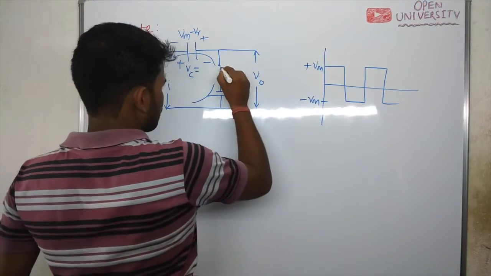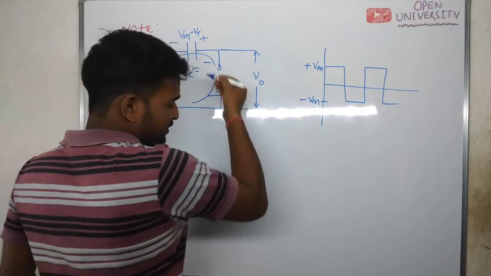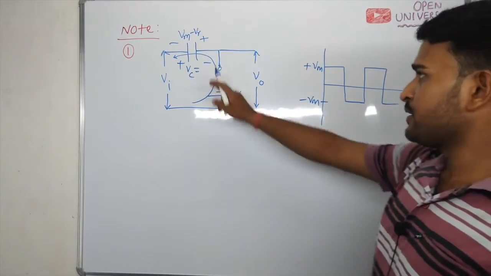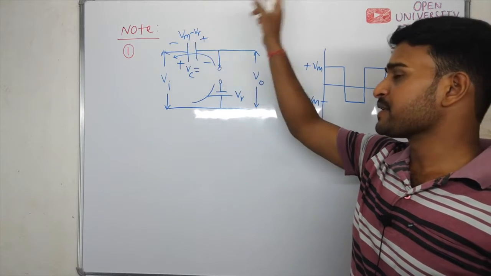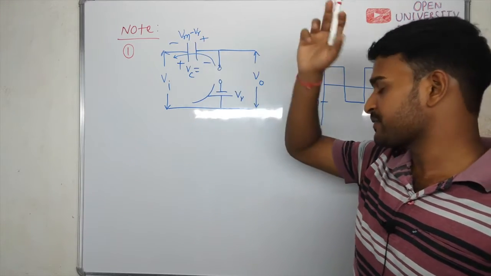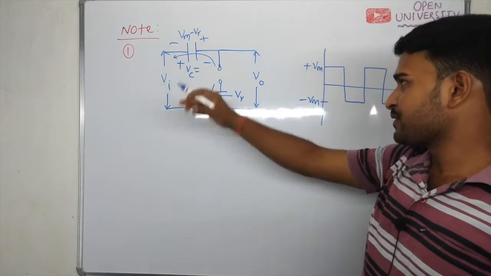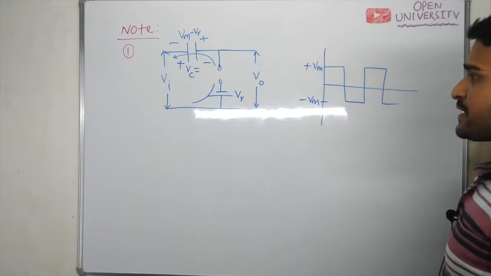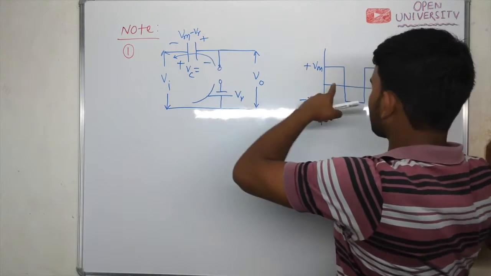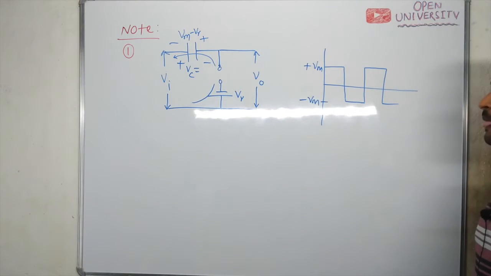Since there is no discharge path, capacitor voltage will not decrease. Capacitor will be fixed at Vm minus V gamma forever. Once it reaches its maximum value, Vm minus V gamma, then capacitor voltage will be fixed at Vm minus V gamma, irrespective of input being positive or negative.